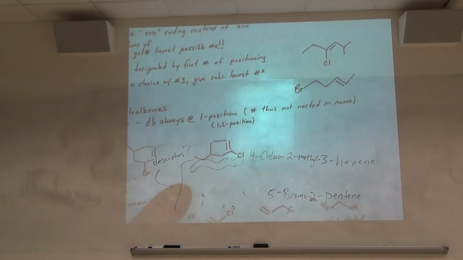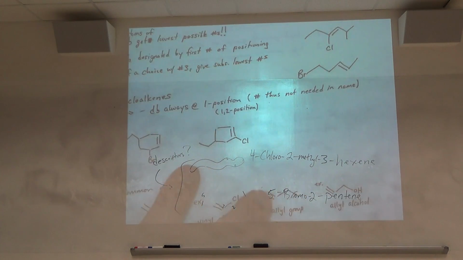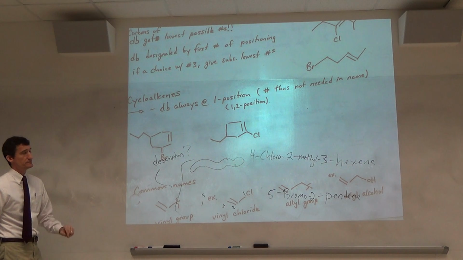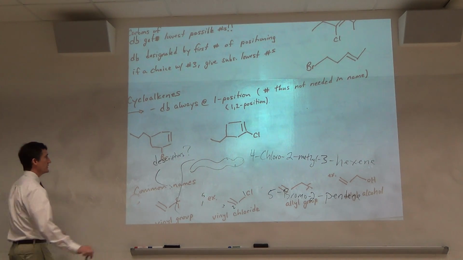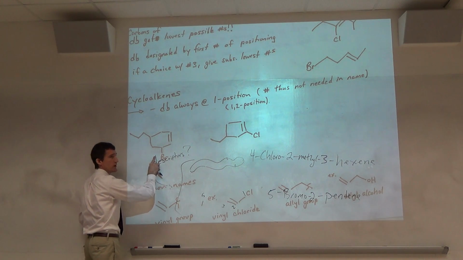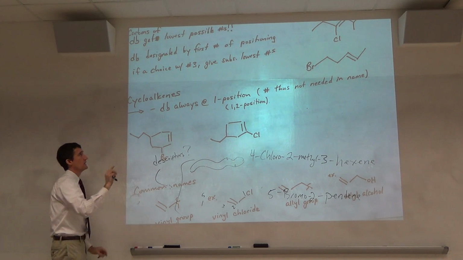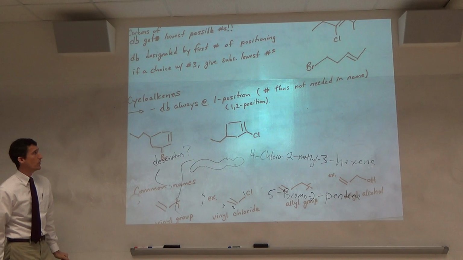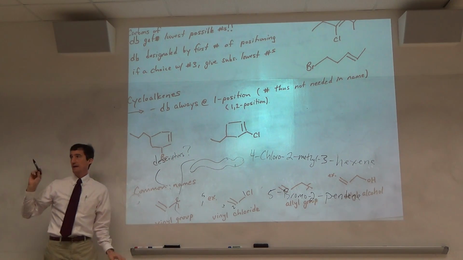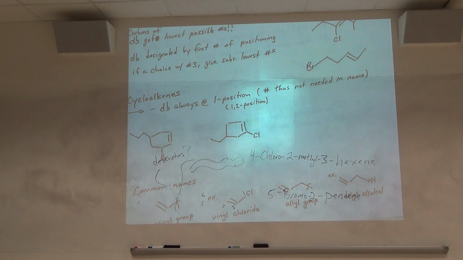We can also have cycloalkenes. The double bond is always at the 1 position. Because in the ring, the 1 position can be anywhere, but since we give double bonds priority, it's at the 1. And 1, 2, because after the first carbon of the alkene, you then number the second one.